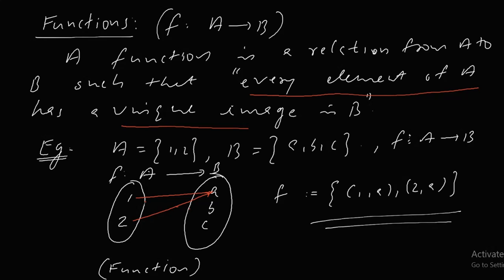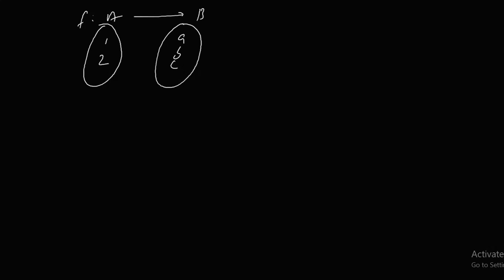Now let's see the different cases where a relation is not a function. I'll show you that also by taking one example. Let this be the same set A and this be B. Here I have 1 and 2 and here I have a, b and c. So f is a relation from A to B. If I map 1 to a, 1 to b, and 2 to c, this is not a function.